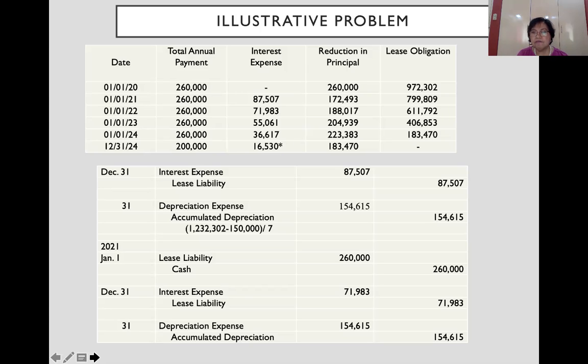So what we have discussed so far are actually the general principles for leases from the point of view of the lessee. This is actually the main change in IFRS 16. Therefore, in IFRS 16, there is no operating leases except for this.